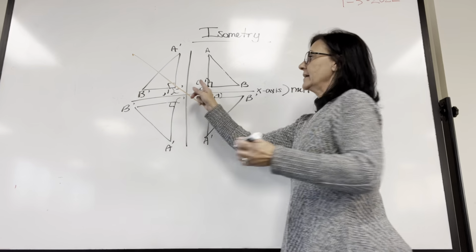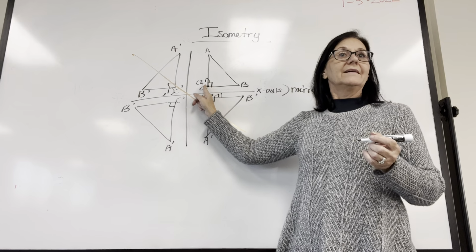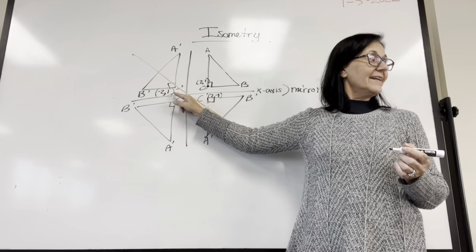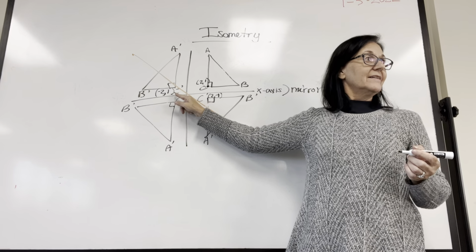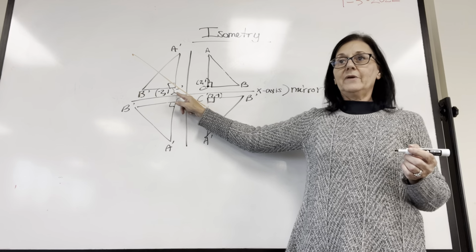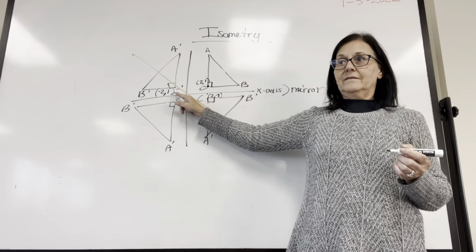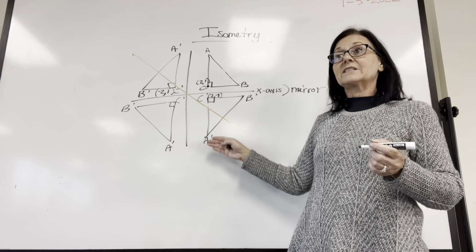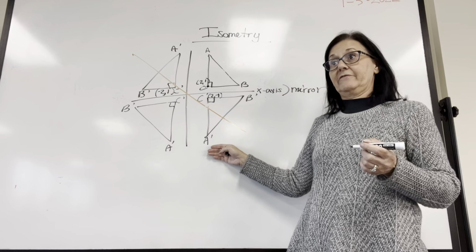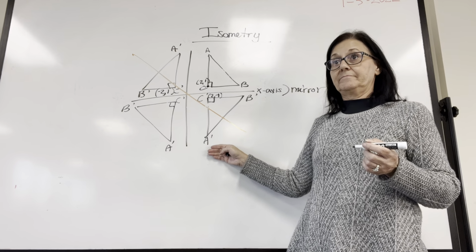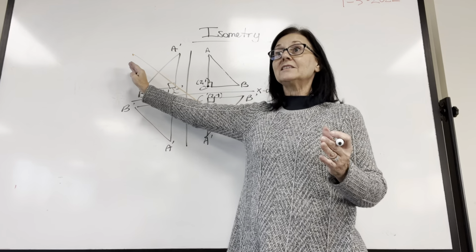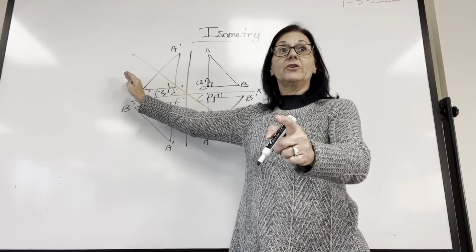What happens to the x? Oh, it's negative: -2, 1. Does everybody see that? So for reflection across the x-axis, the y becomes negative and x stays the same. Reflecting across the y-axis, the y stays the same and the x value is negated.